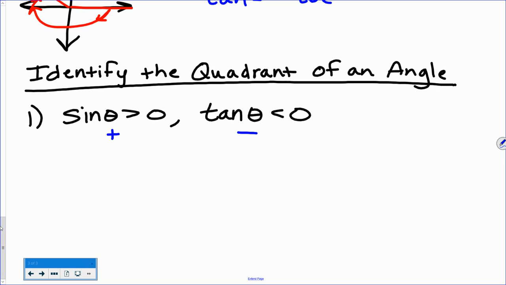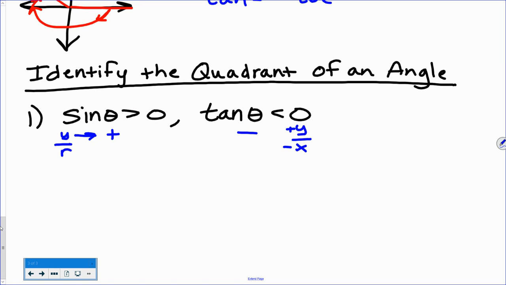So if I think about that, sine is y over r. If r is always positive, that means I need a positive value for my y-coordinate. Tangent is y over x, and I must have a positive y since my y must be positive for sine to be positive. So that means my x must be negative.